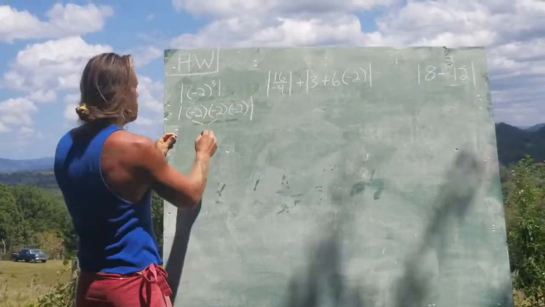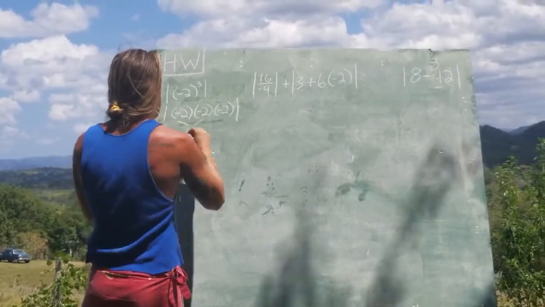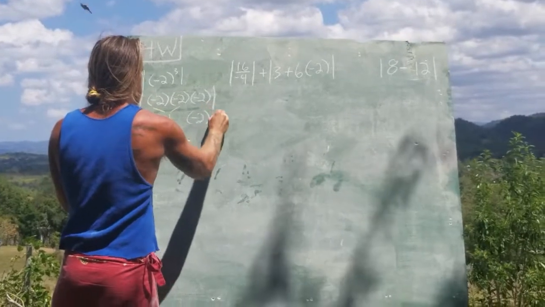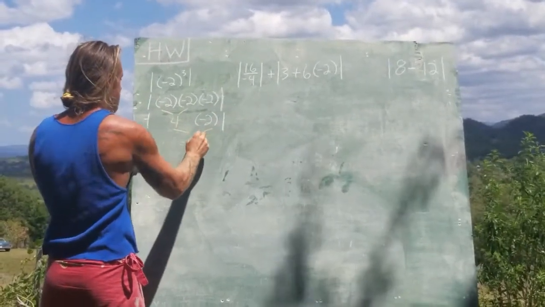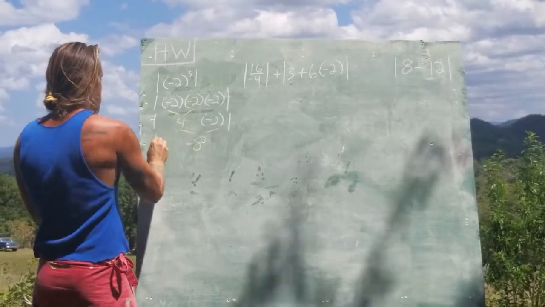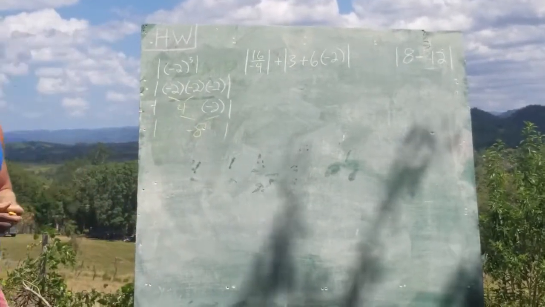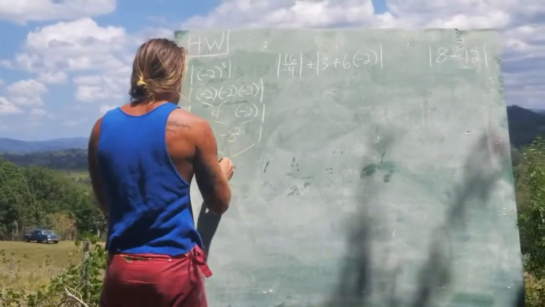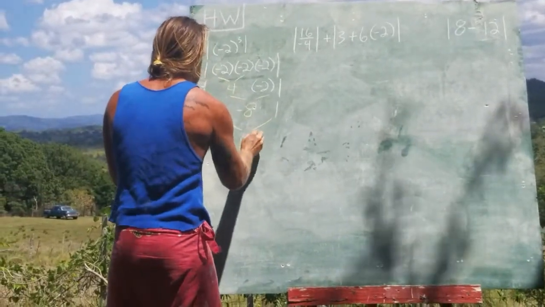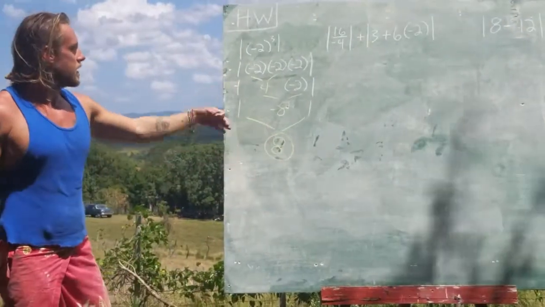Negative 2 times negative 2 is a positive 4. Bring down everything else. A 4 times a negative 2 is a negative 8. Absolute value of negative 8 is a positive 8. Positive 8 is the answer.